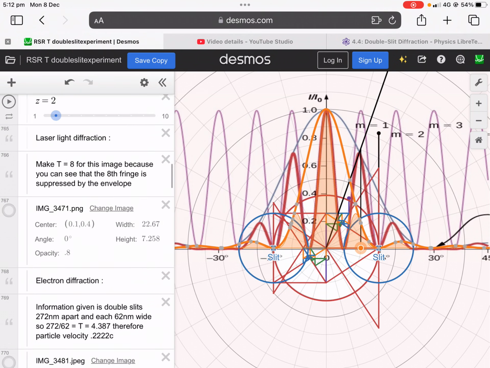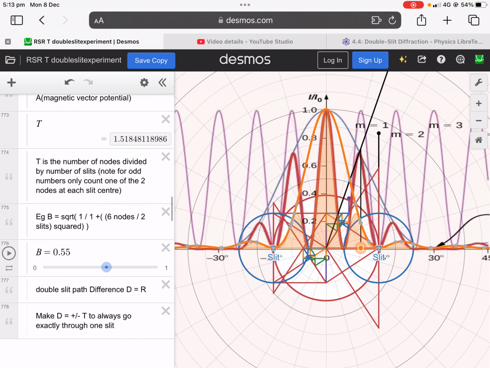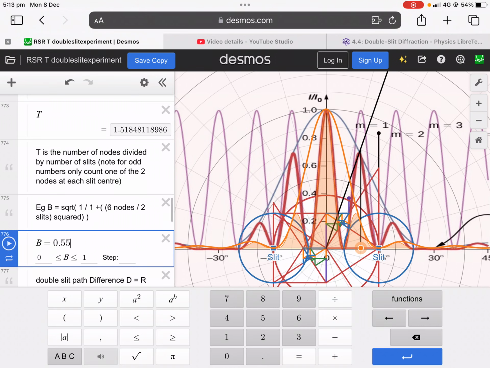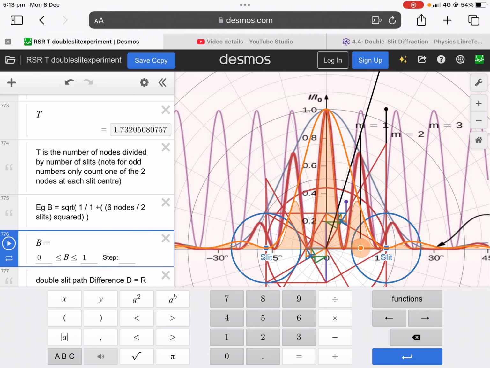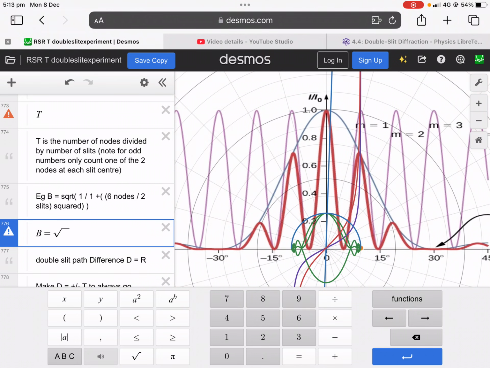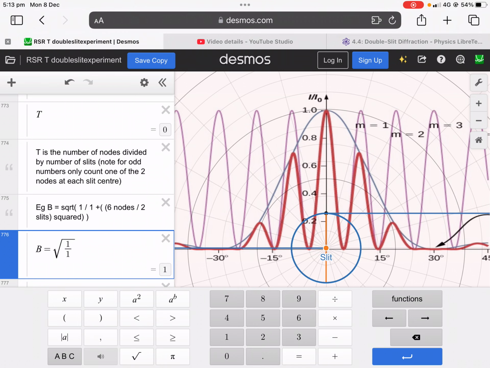So I know that there are 6 wavelengths between the slits, and the slits are 2 wavelengths wide. Therefore my little formula here will tell me what the B value should be.